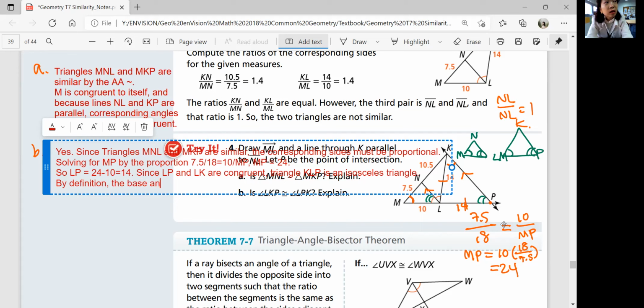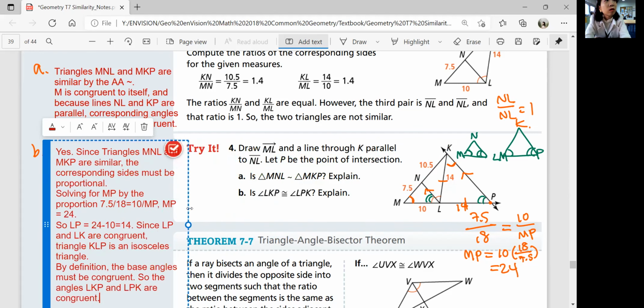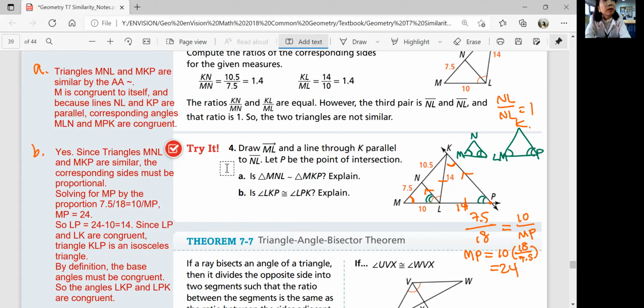The base angles must be congruent. So the angles LKP and LPK are congruent. That's part B.